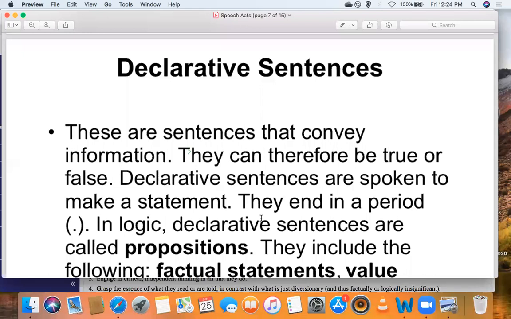But that does not apply when you are asking a question, when you are making an interrogative, or when you are giving an instruction, when you are making an imperative. When something is true or false, or capable of being true or false, we say that thing has truth value.